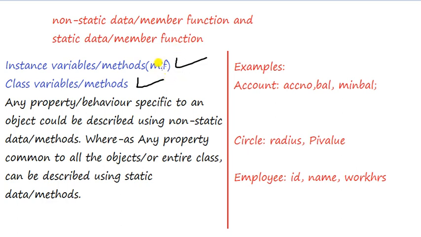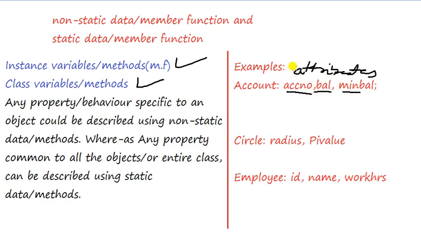For instance, take the example of an account: account number, balance and minimum balance. These are attributes of a class. Among these, which should I declare as non-static and which as static?